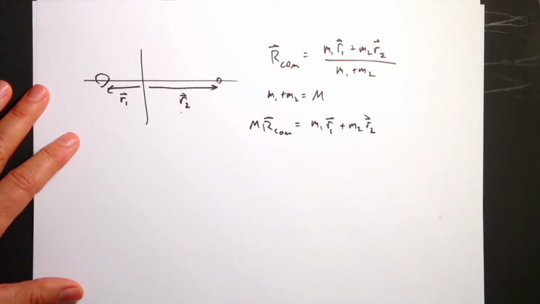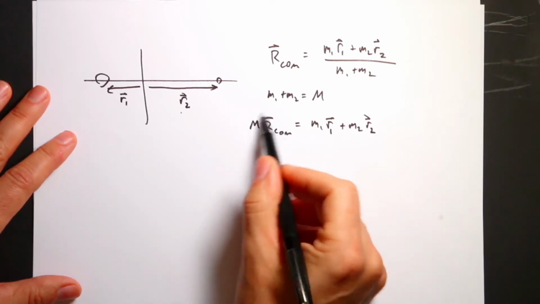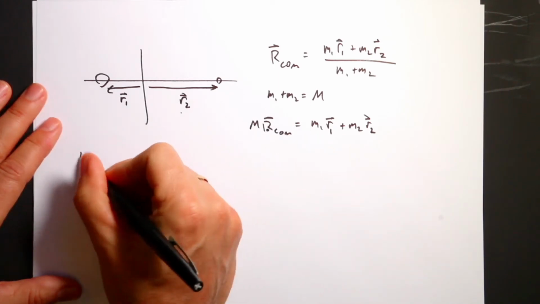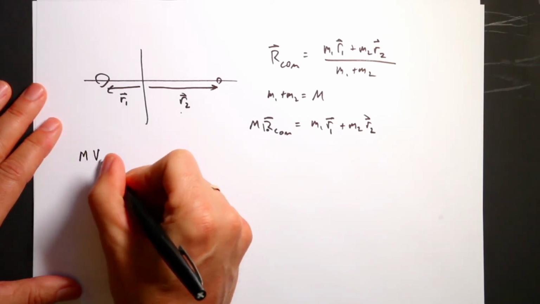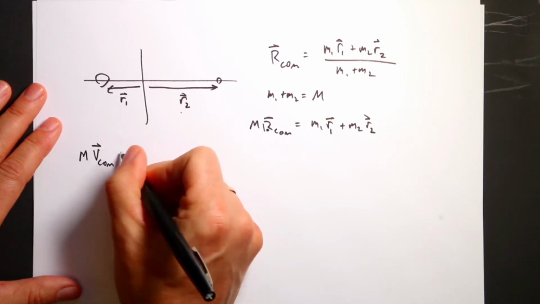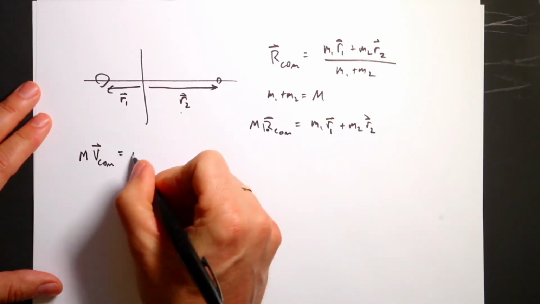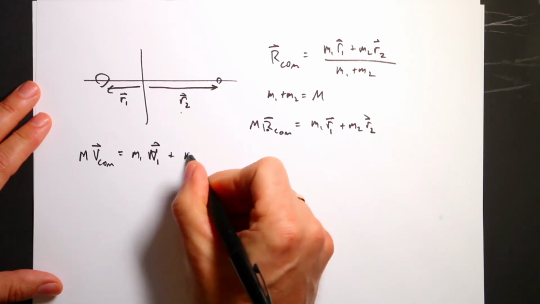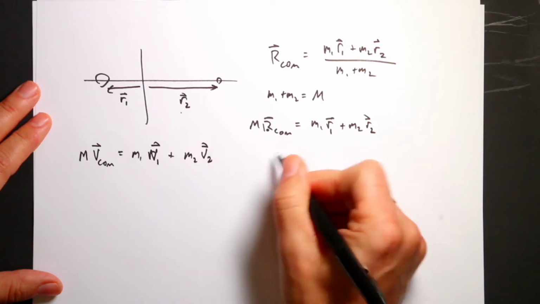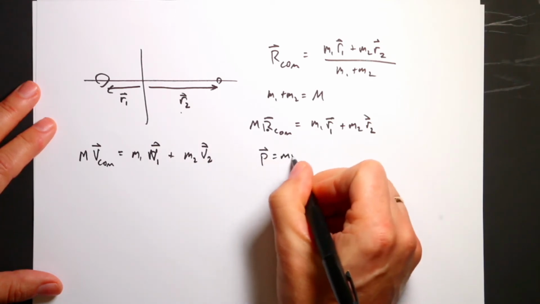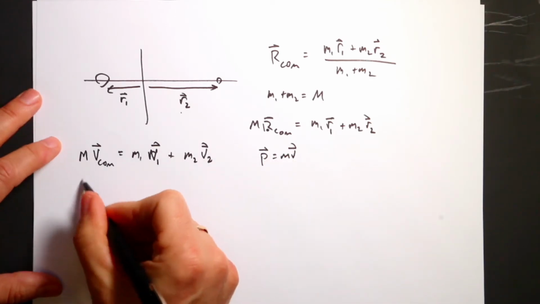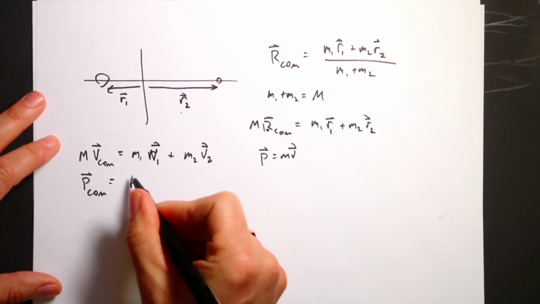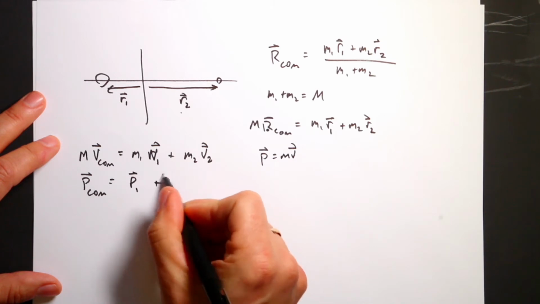Let's take the derivative, and the derivative of the position is the velocity. So I get M total v center of mass vector equals M1 v1 plus M2 v2. Now, we define momentum as mass times velocity. So this is the momentum of the center of mass equals the momentum of 1 plus the momentum of 2.